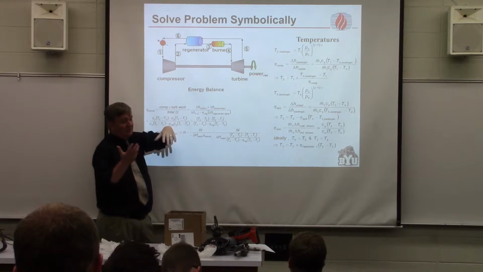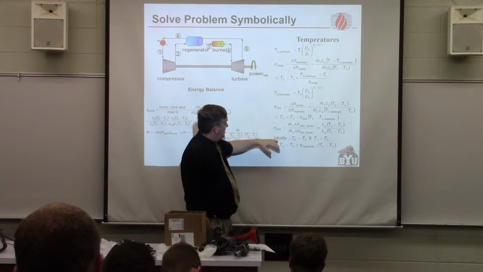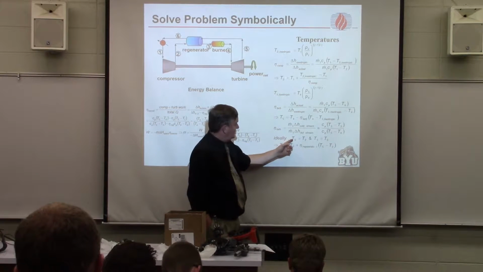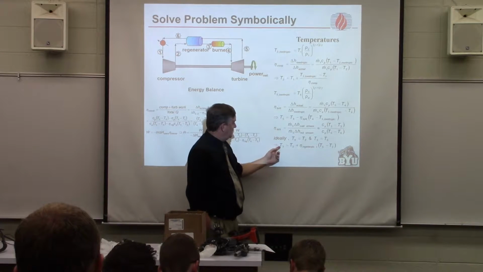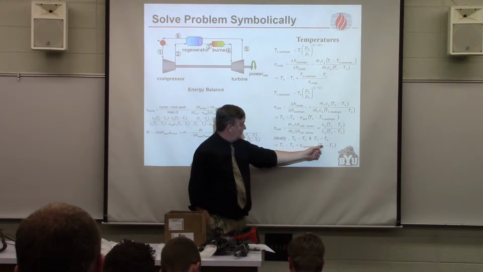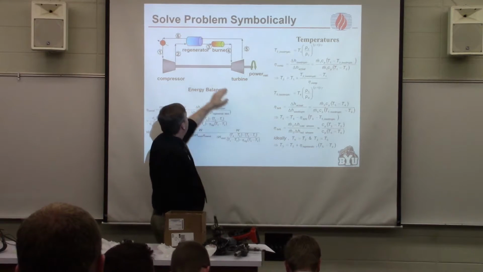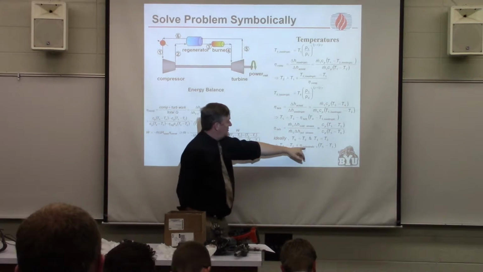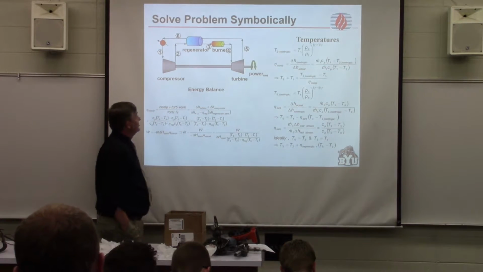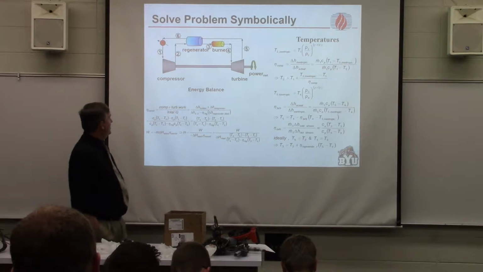We would have perfect heat exchange across there. So ideally this would be true, but if you know the regenerator efficiency, you can calculate T3 based on the regenerator temperature, and now you have everything you need to know.